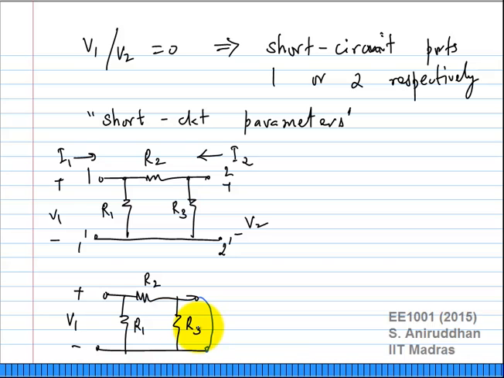I want to find out what the I1 current is and what the I2 current is. This is I2, this is I1.